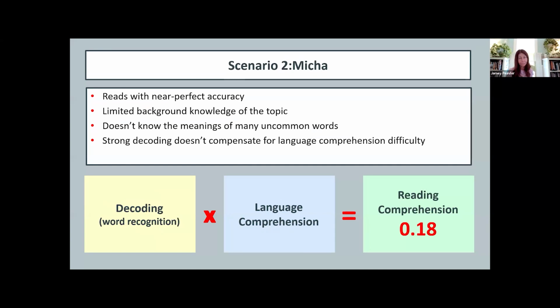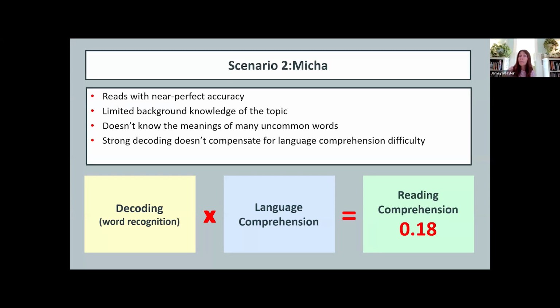So this is Micah. Micah was a little bit lower than Lyle, but again, in terms of their composite score, their overall combination, they were very similar. So they were placed in a group together. But Micah's needs look a little different. Micah read with almost perfect accuracy, but didn't really understand and didn't have background knowledge, and was also really struggling with some of the vocabulary, to the point that you could understand based on his responses he didn't understand what some of those basic words meant.